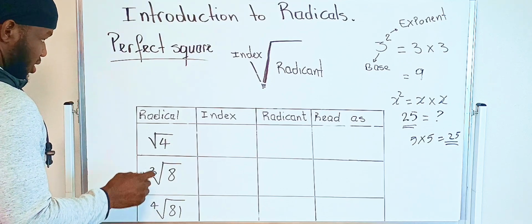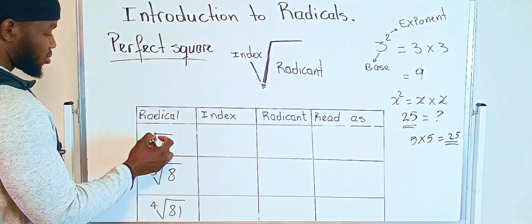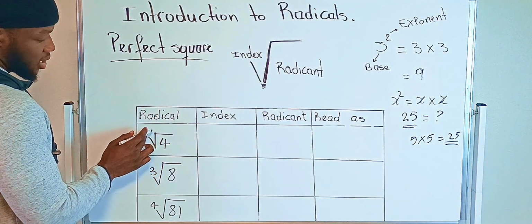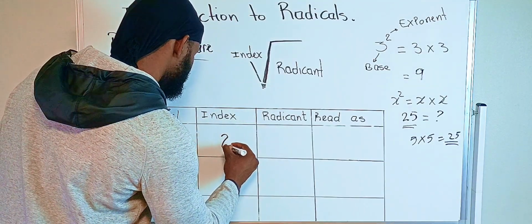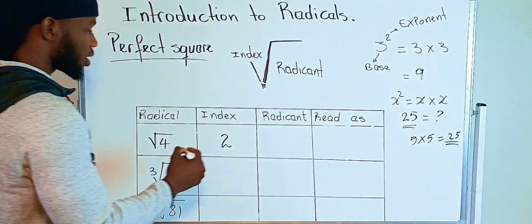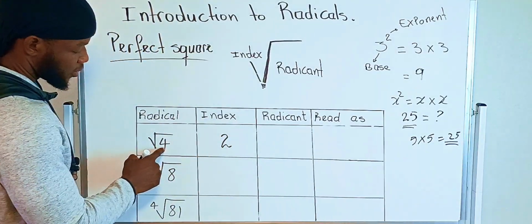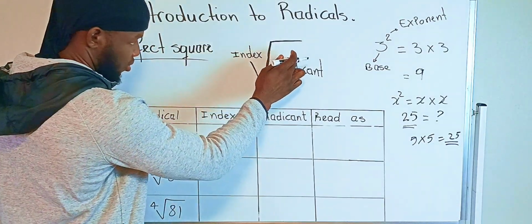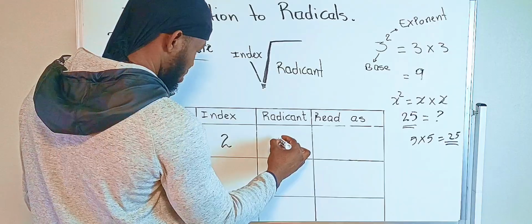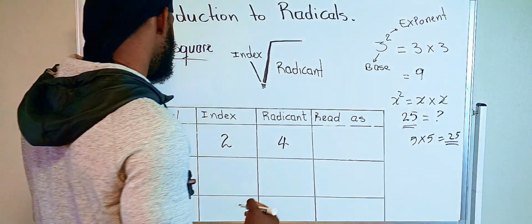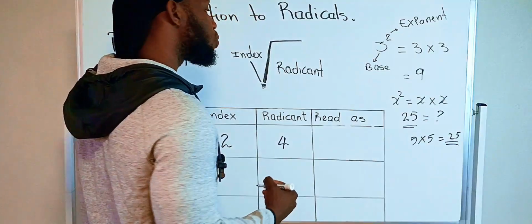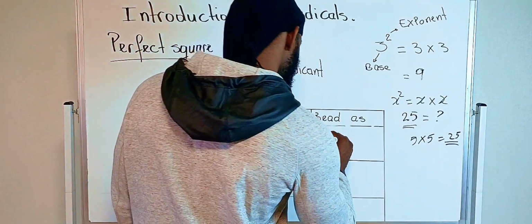When you see a radical symbol like this and you don't see anything over here, that automatically means the index is 2. And the radicand is 4, because the radicand is the number under the symbol. We read this as the square root of 4.